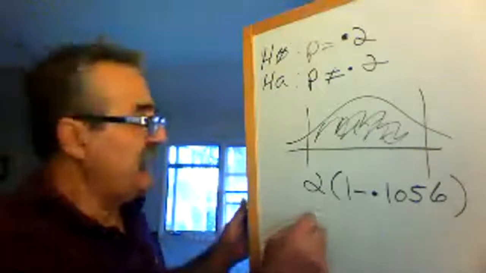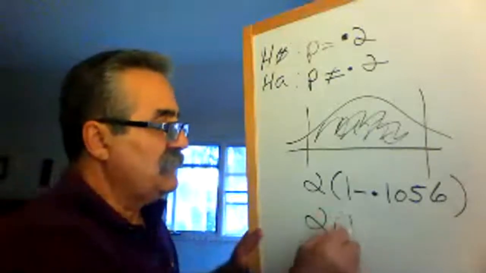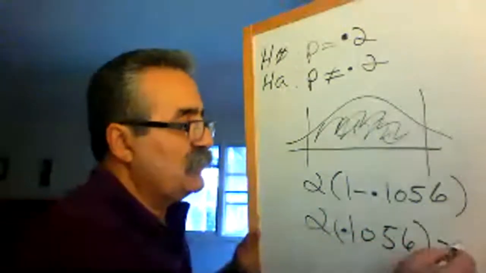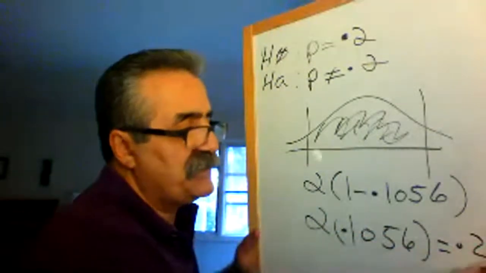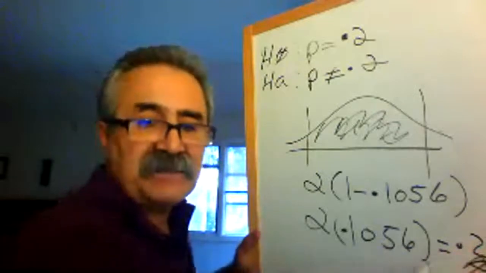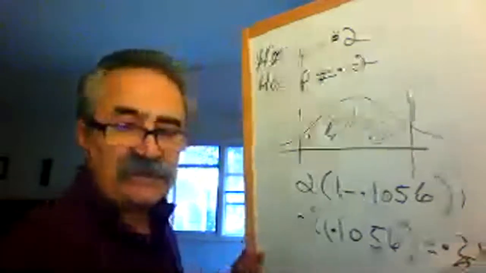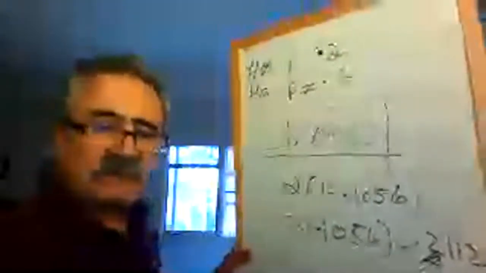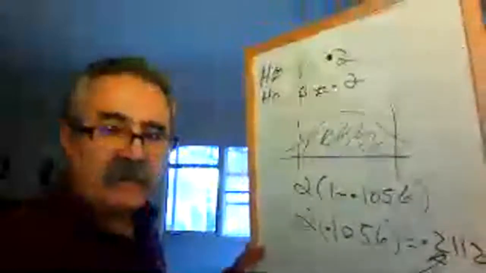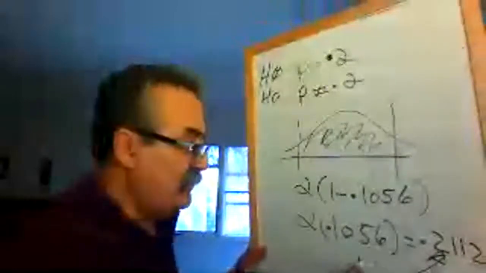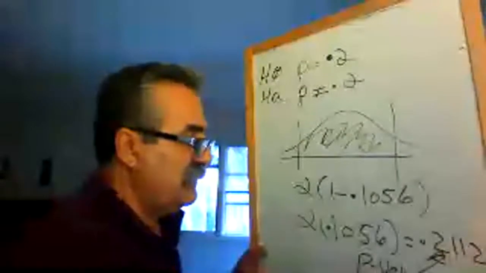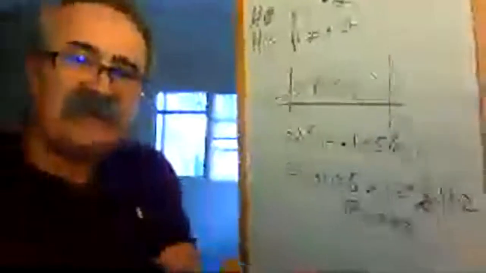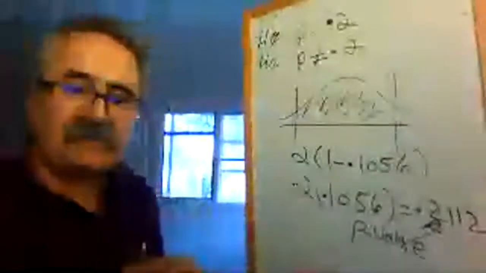This is supposed to be 2 times 0.1056, which is equal to 0.2112, and this is the p-value.